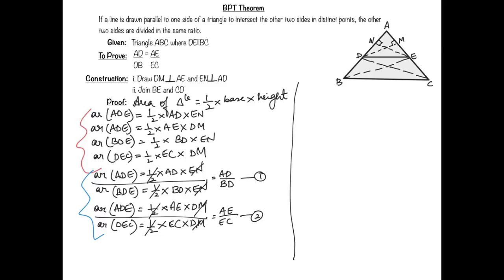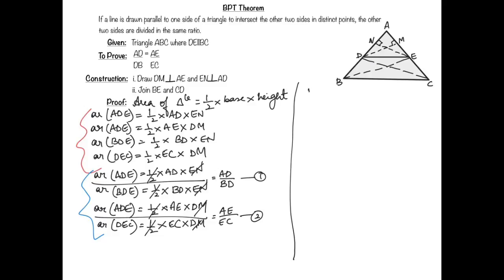Now when you look at these 2 triangles BDE and DEC, what do you remember? In your previous class you have studied that triangles lying between the 2 parallels and on the same base have equal areas, right? That means the area of triangle BDE and the area of triangle DEC are equal because they lie on the same base and between the same parallels.